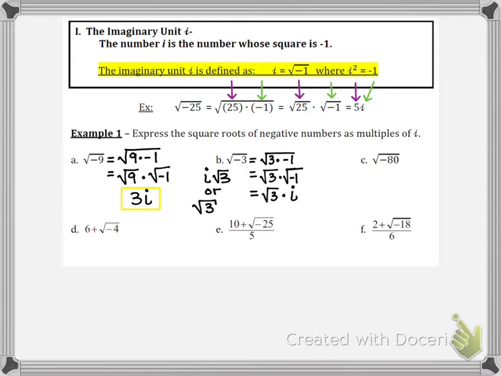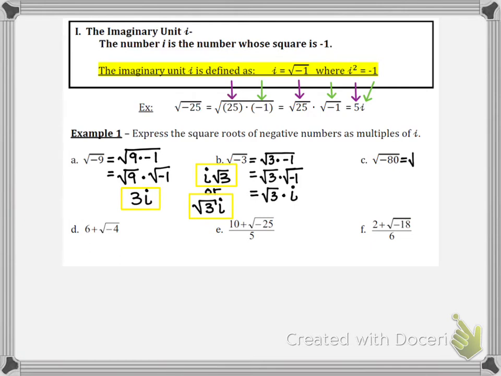Notice what I'm going to do: I'm going to put a little hook at the end of the square root sign to show that the square root sign ends, and the i is definitely not included within it. So you could write it as the square root of 3 times i with the i afterwards, but make sure it does not look like your i is underneath your radical sign with the 3. Either one of those answers is appropriate.